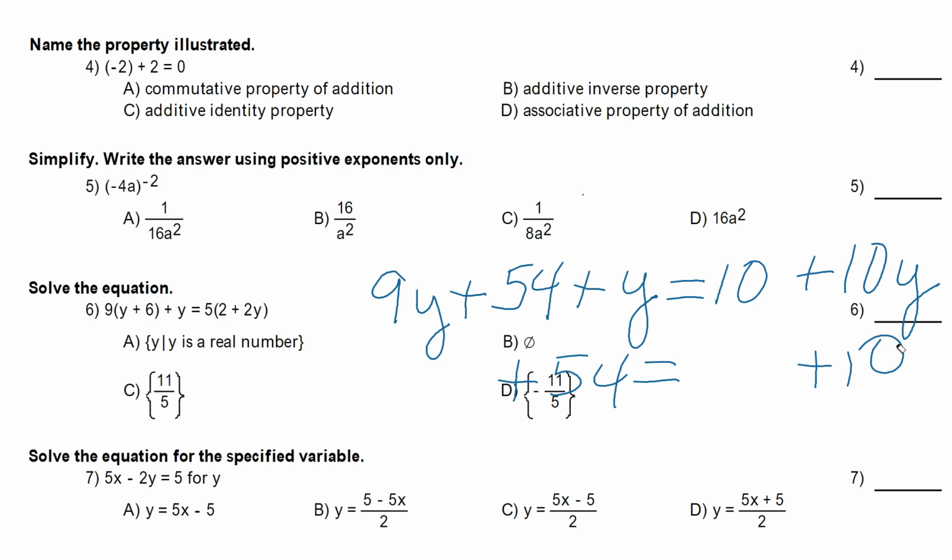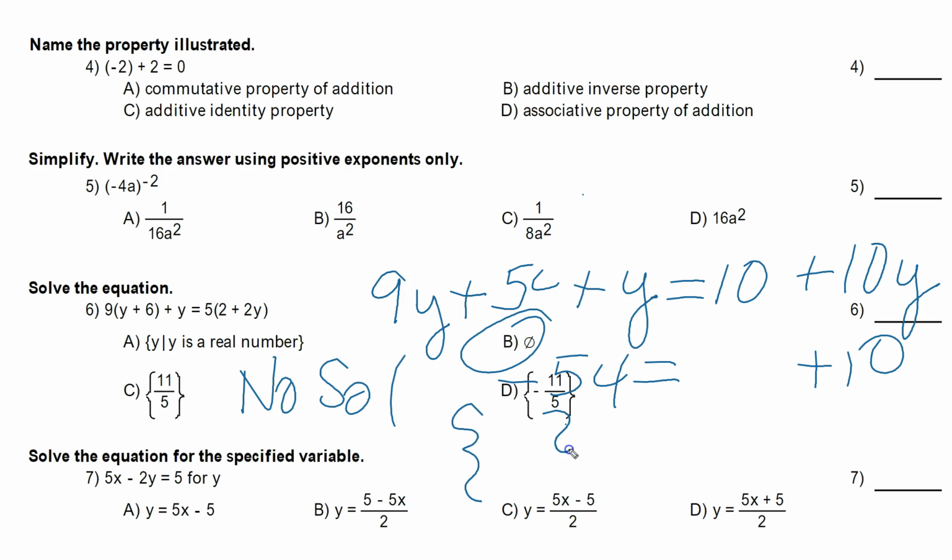And the answer is no. Well, when it's not true, we say it is an empty set, or there is no solution. Probably on our papers it'll say no solution. Other ways of indicating an empty set was braces with nothing in it, or a circle with a slash through it. Okay, let's go on.